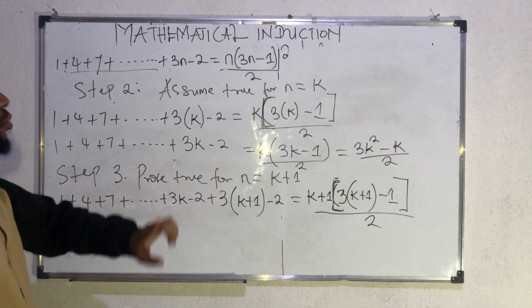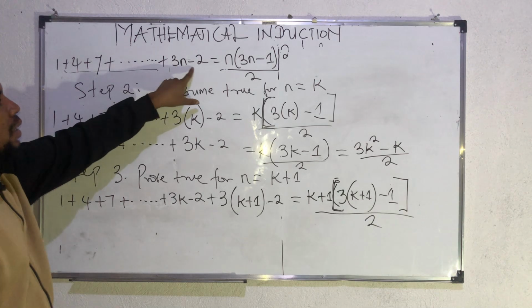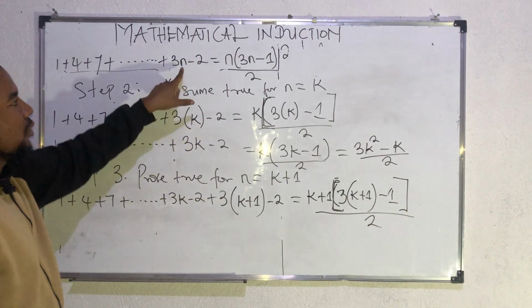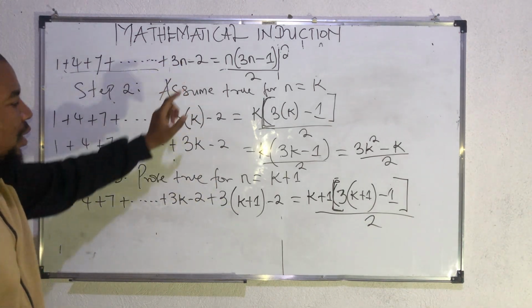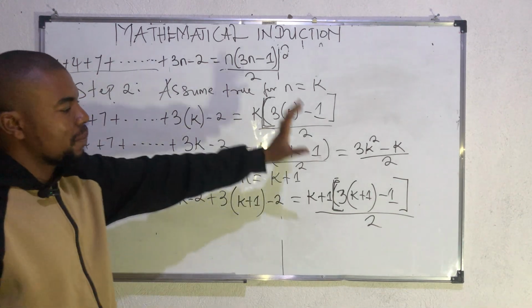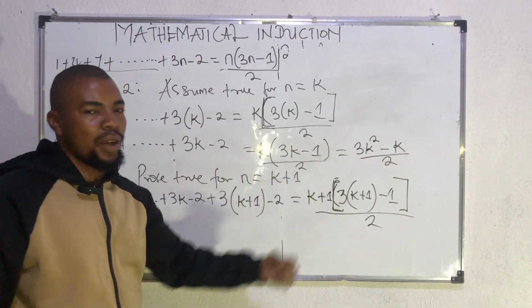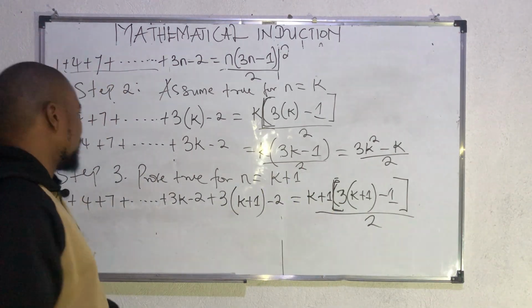Now go to the original equation on the left part, copy the part that has an n down, then substitute k plus 1 for n. After doing the substitution, you now go to the right part, copy it down, and substitute k plus 1 for n. So that's how to do it.